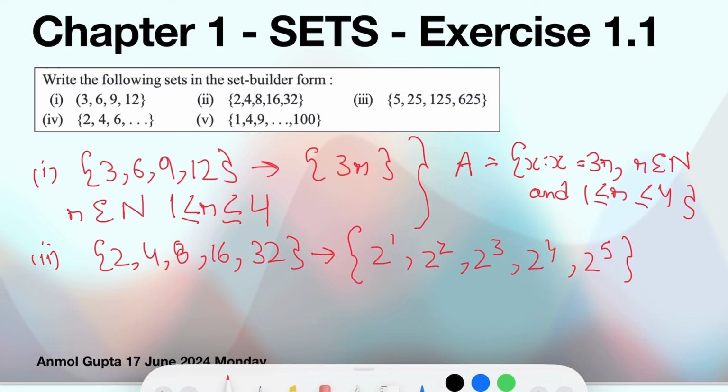So in the set builder form, we can write it as x such that x is equal to 2 raised to power n, where n belongs to natural numbers and n is greater than equal to 1 and less than equal to 5.